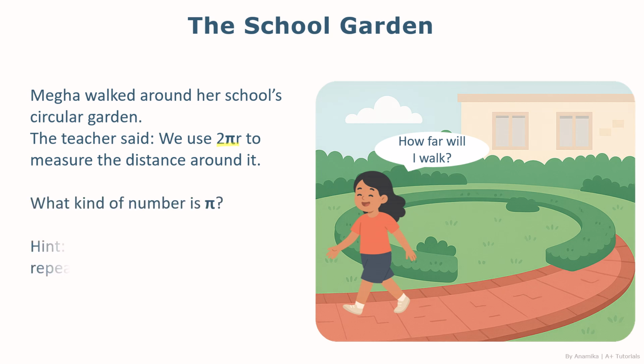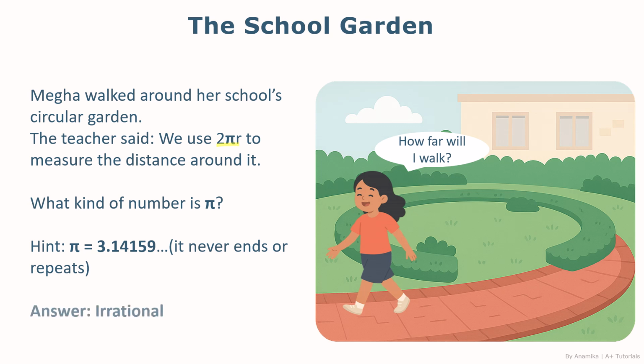Well, pi is 3.14159, and it just keeps going. No ending, no pattern. We can't write it as a neat little fraction. So is this rational or irrational? It's irrational because pi never ends and never repeats.